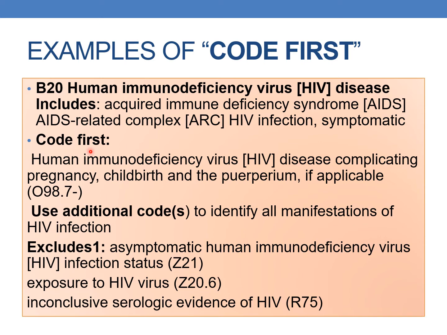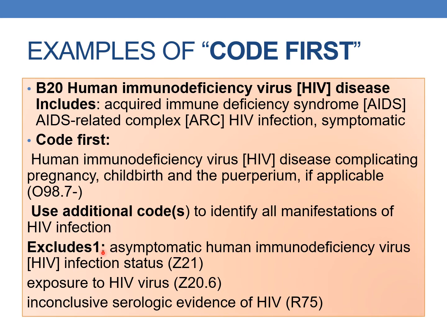Under this, you also find code first. So before coding B20, if a pregnant woman is suffering from AIDS, we need to code first a code from the O category, the O98.7 series, before coding B20. That is indicated by code first. And similarly, the use additional code convention is to identify all manifestations of the HIV infection, if any.